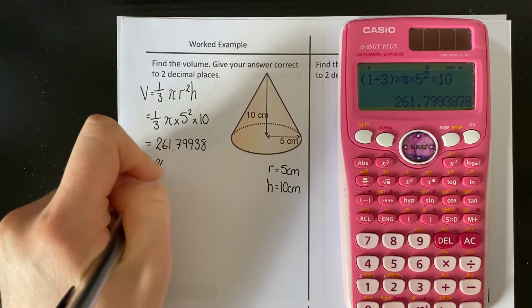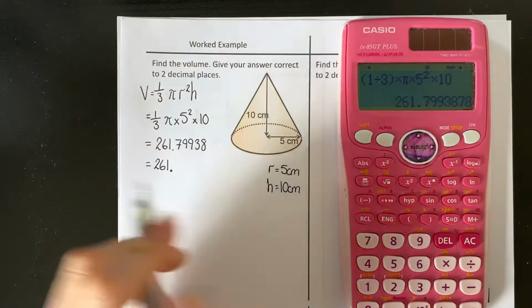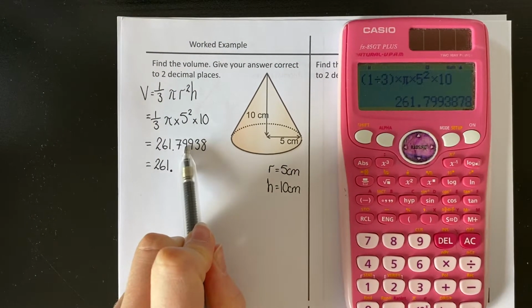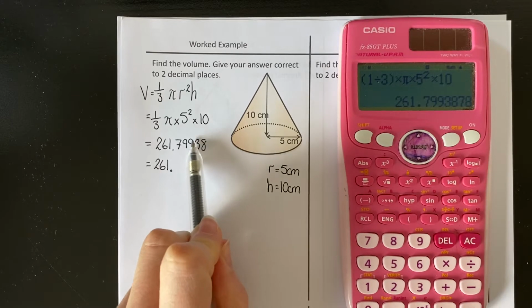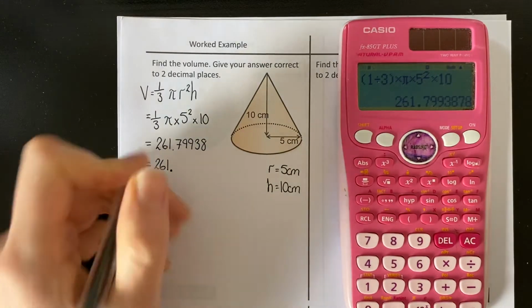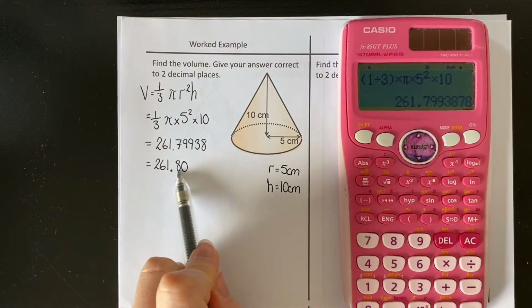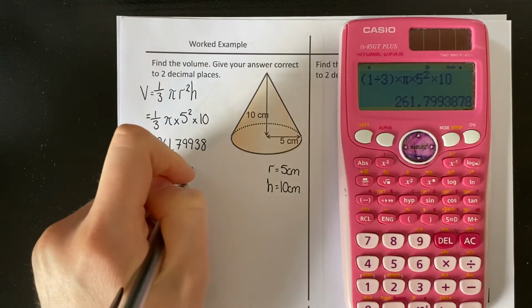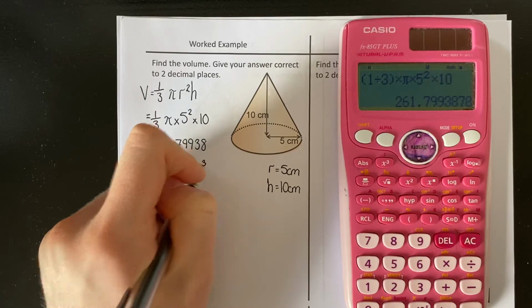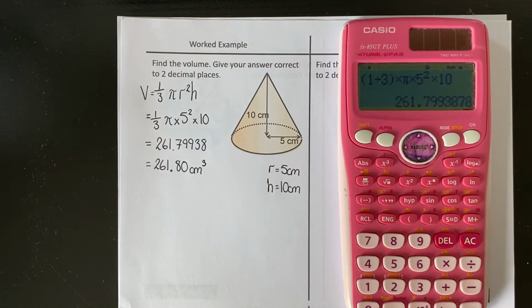So 2 decimal places is going to be 261. The 9 tells me to round up, which means I'm going to have to keep rounding, and that is 2 decimal places. My units are centimetres cubed.